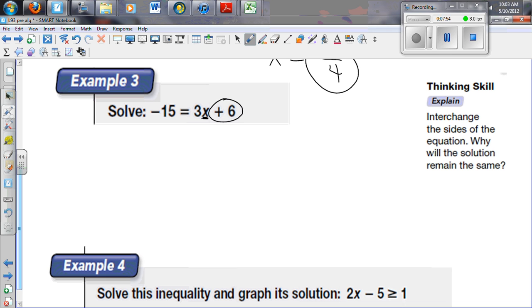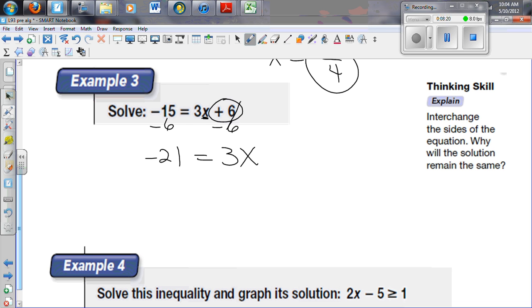So we have to do the opposite of plus 6, which is minus 6, or negative 6. And so we're going to put the negative 6 over here, and then we're going to rewrite this equation. Well, be careful here because negative 15 and negative 6 adds up to negative 21. And so we have these 6's canceling out, and so that equals 3x.